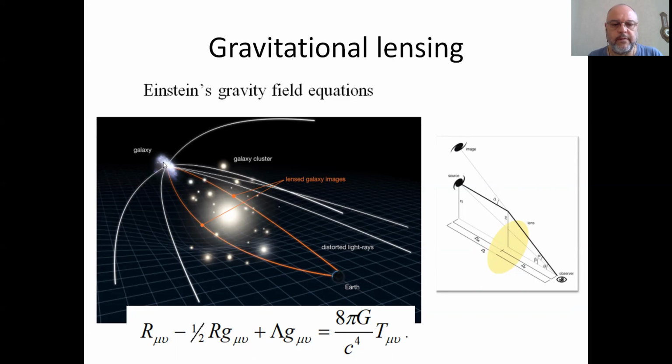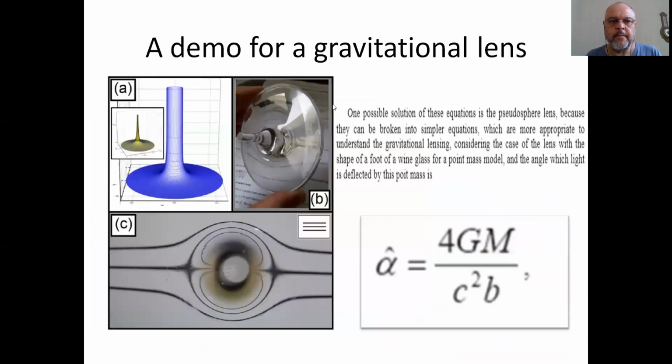So you have the source of light here and the observer here on Earth. And when light propagates through space, in the presence of massive objects, you have this lens effect distorting light rays. A demonstration for a gravitational lens can be seen here.